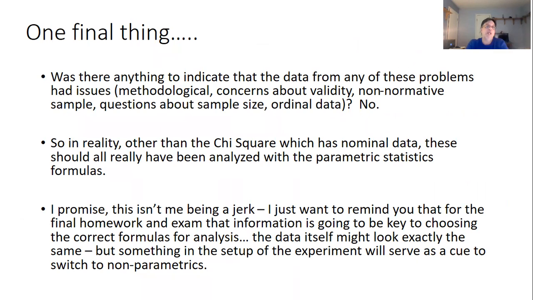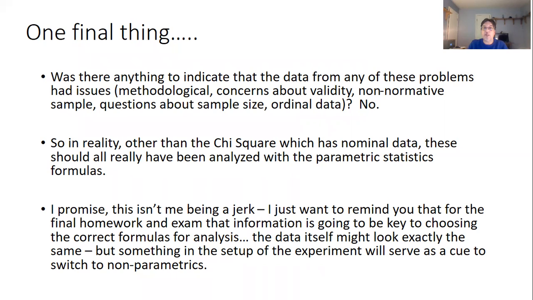Okay, one final thing. Now, I rushed through this, so this wasn't really something I expected you to catch, but I do want you to pay attention to this one thing. If you go back and look at the setups for these experiments, I said there are two reasons we're going to worry about when using a non-parametric test.